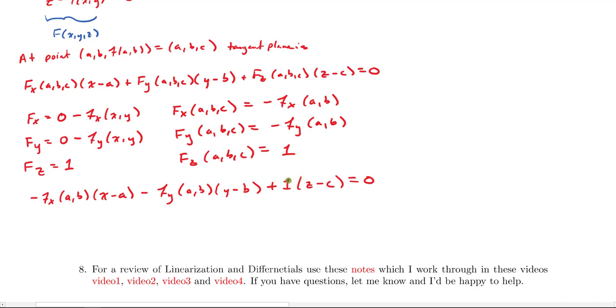I'll distribute this 1 through, which is really trivial, and then I'll add this over to the other side as well. So when I do so, I end up with z is equal to positive f sub x evaluated at (a, b), times x minus a, plus f sub y evaluated at (a, b), times y minus b. And then there's the z, which I've left on this side, and we have this minus c, which I'll add over. So I would add it over as c, but remember that c is just f of (a, b).